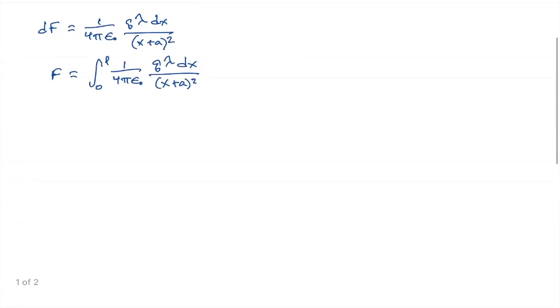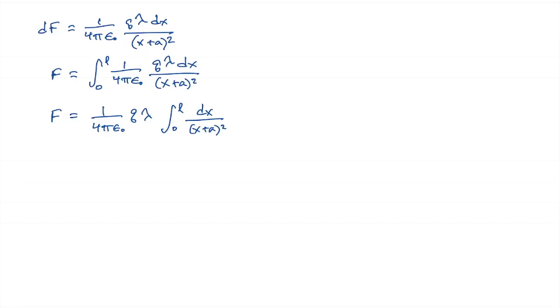Let's take all the constants out. So we get F is 1 over 4 pi epsilon 0 times q times lambda. Okay, that's it. We've got 0 to L. We're left with dx over x plus a quantity squared.